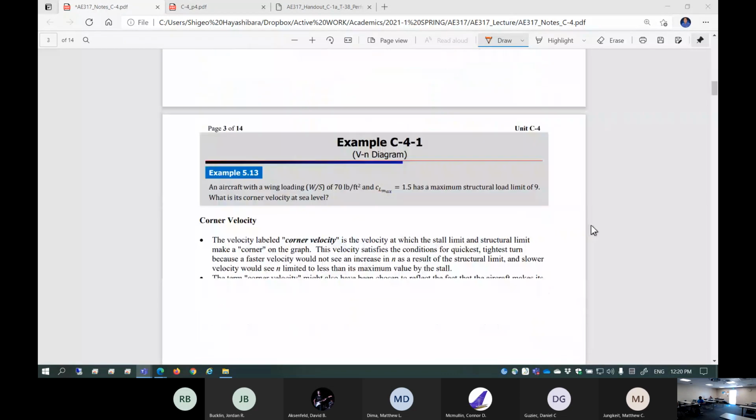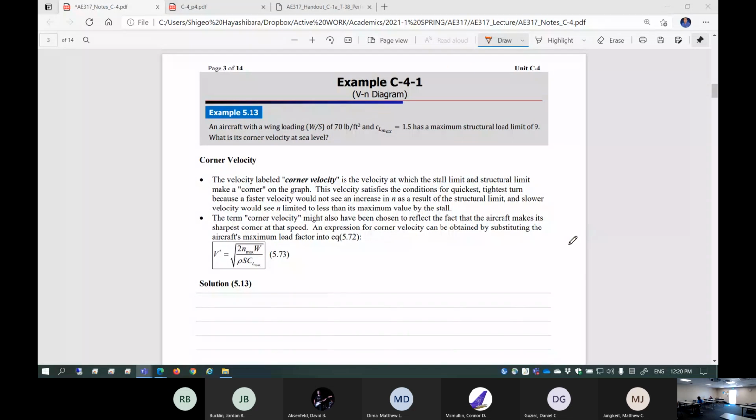All right. And then one important thing is something called corner velocity. Okay, this is just a spillover. This is not part of this example. Sorry about that. Corner velocity, something called V star. Okay, so this is the velocity at which the stall limit and the structural limit make a corner of the graph. That is essentially the quickest, tightest turn which your airplane can have.